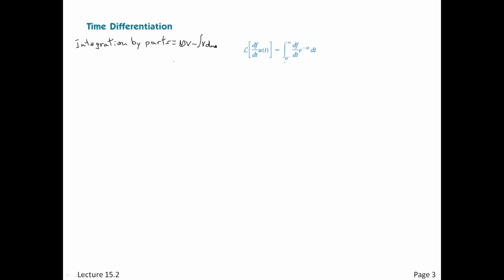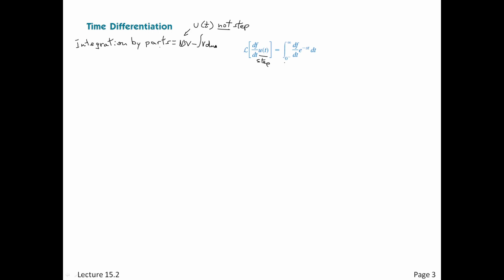Okay, so the trick is, in all of this, this u is not this u. This is the step function. This is a u of t that's not the step function. This is just standard terminology you'll find any place you look it up, probably in this book, certainly on the web, in reference books that I've got.